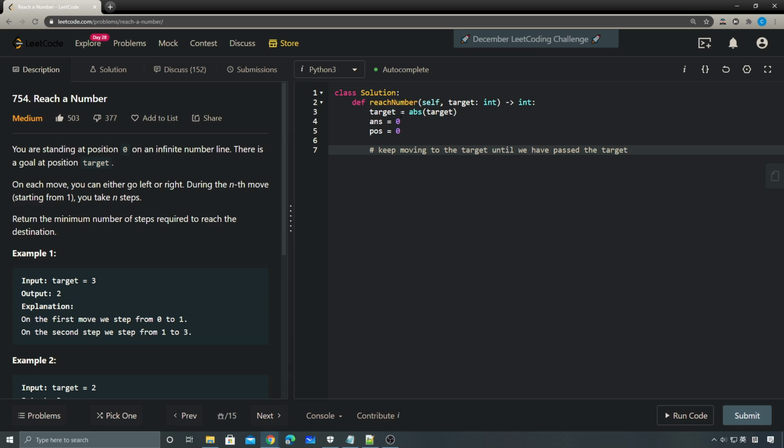So while the position is smaller than the target, let's do answer plus one, and then add the answer to the position.